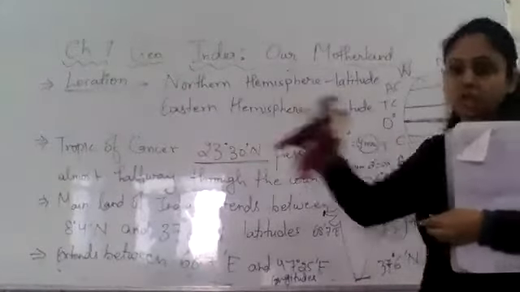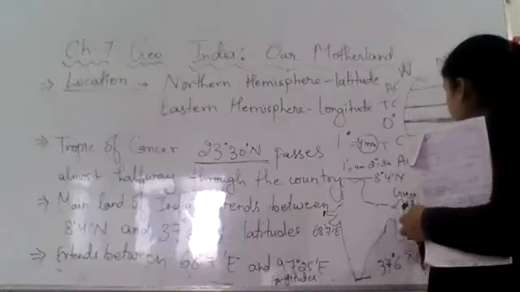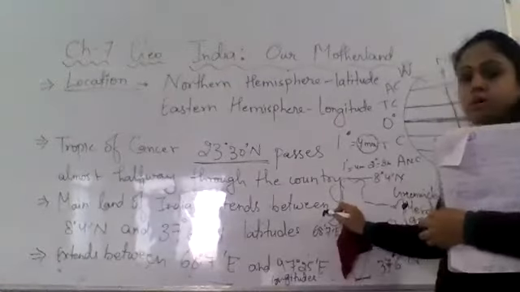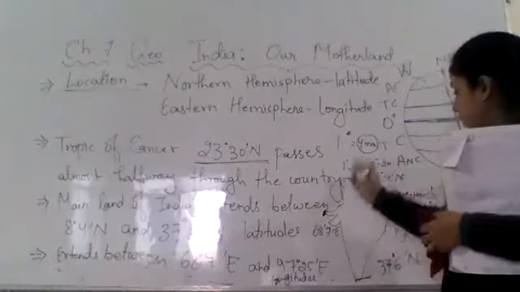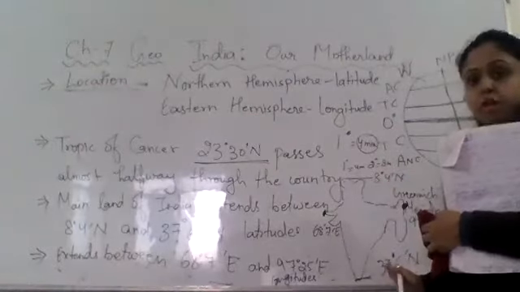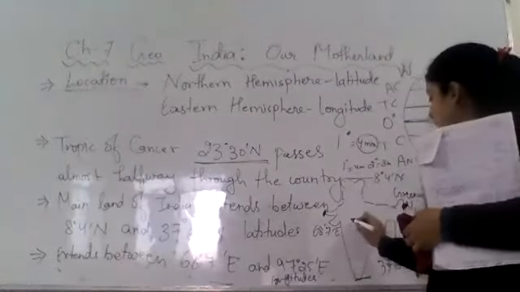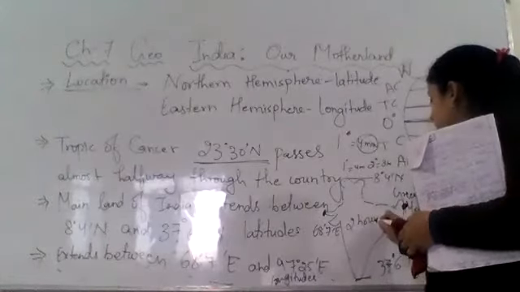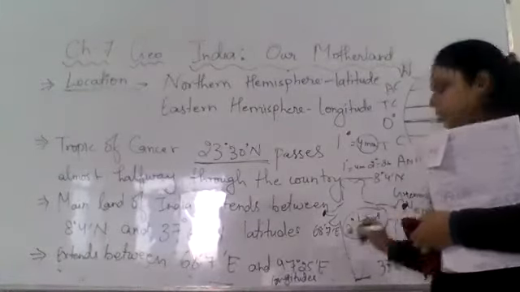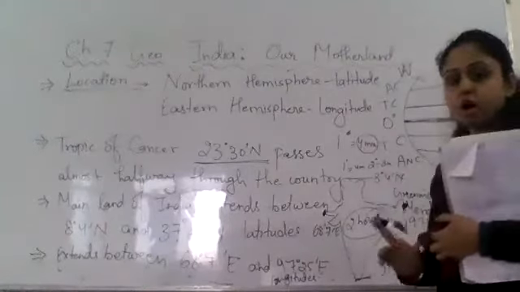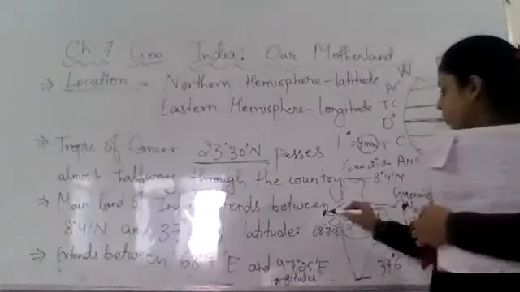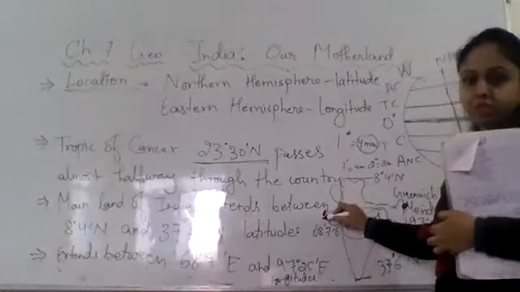Like this the change happens. So from here till here, considering the longitudes in between, there is 2 hours of difference in timing. In actual timing, there is 2 hours of difference from Arunachal Pradesh to Kutch, Gujarat.